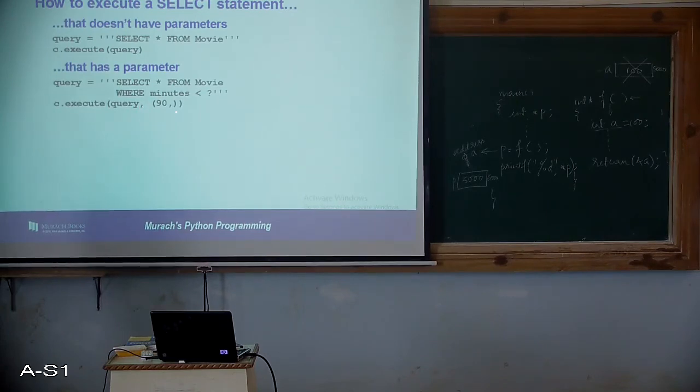Then we have got a tuple. Hope you know what a tuple is. If you don't remember, kindly go and look back: what is the difference between a tuple and a list, how a tuple differs, what the use of a tuple is. You have already studied that, right? So 90 is the value that I want to specify at this place. In place of the question mark, 90 will be replaced.